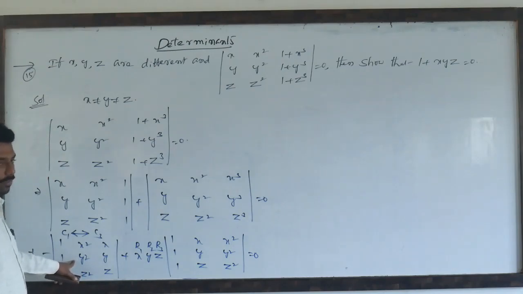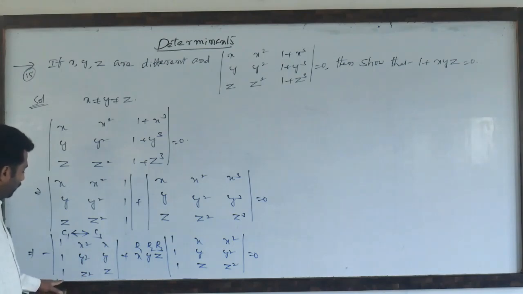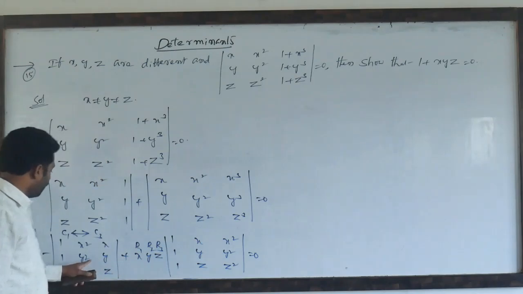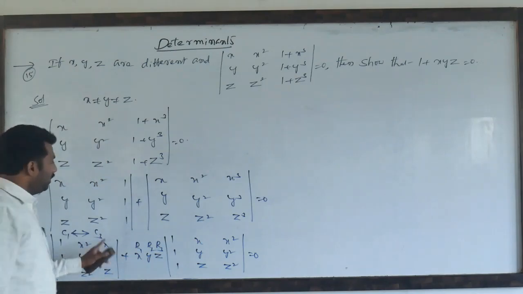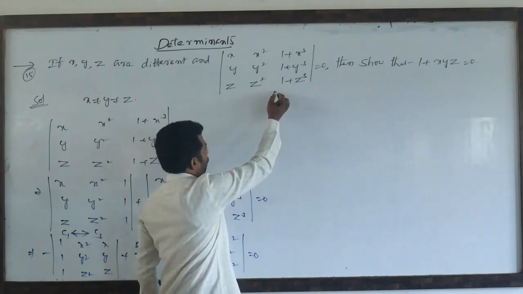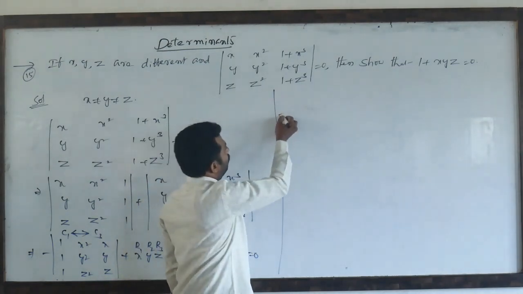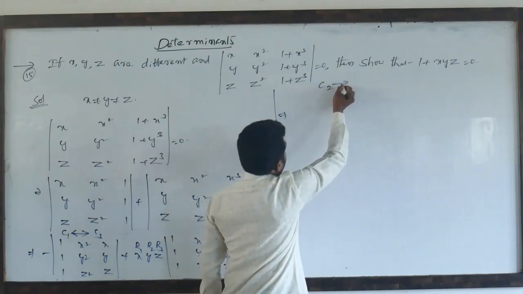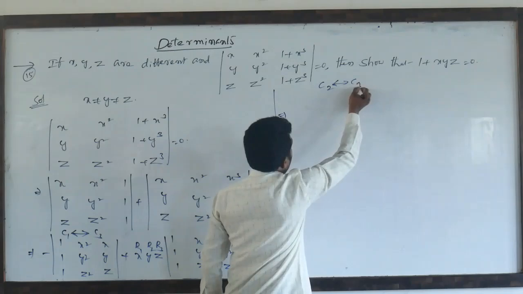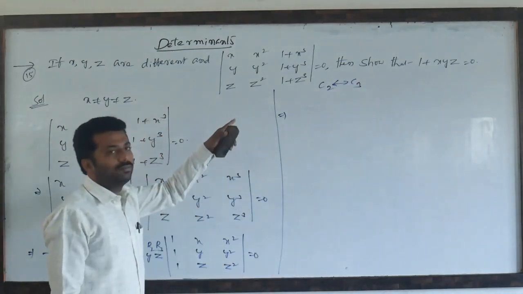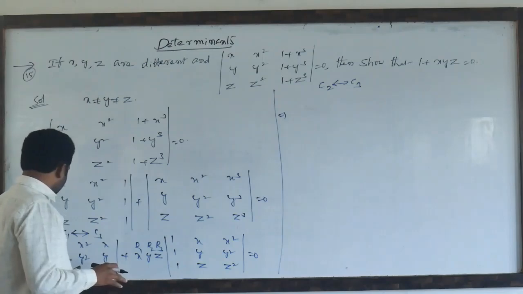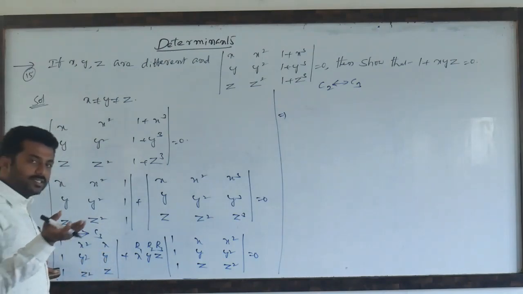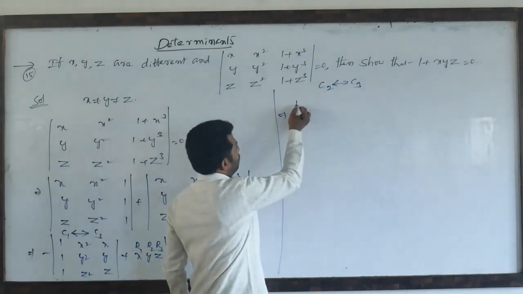Again in the first determinant, here 1, x square is there. Again we interchange C2 and C3. I think you know this operation. Interchanging means the symbol like that, double implies symbol. So again C2 C3 interchanging, already minus is there, so the sign is reversed again, means plus.